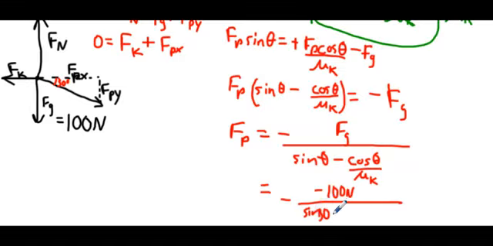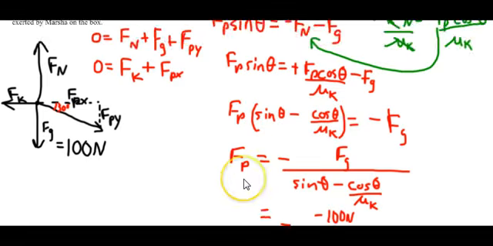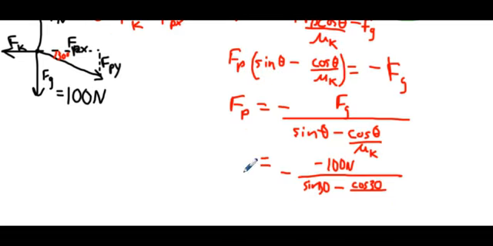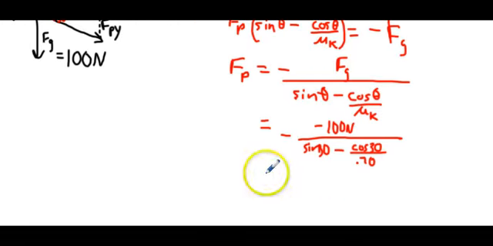By the way, y'all, make sure your calculators are in degree mode when you do this. Cosine of 30, and divide that cosine by the coefficient of friction, which was 0.70. Alright, time to do some math.